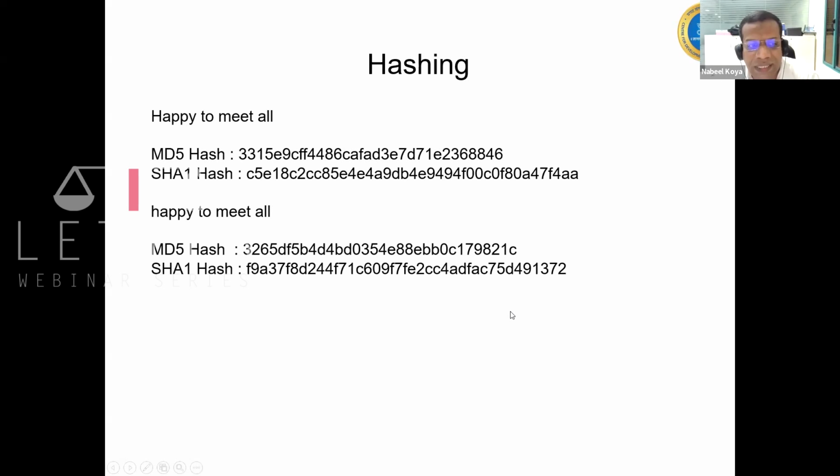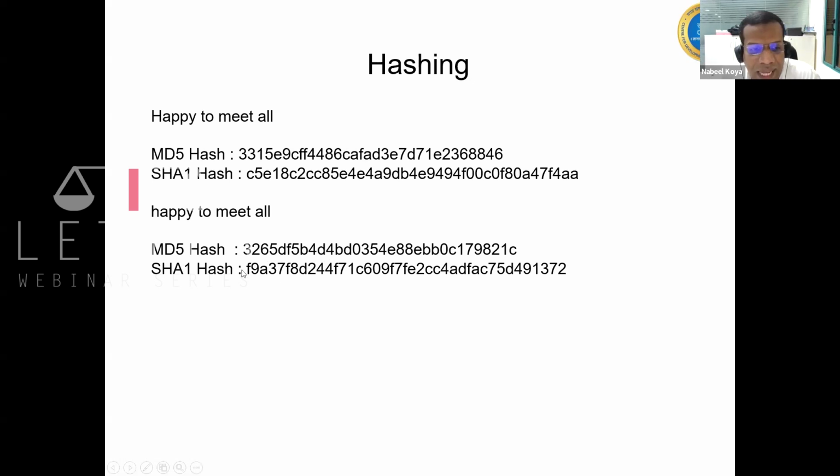So we'll just see what hashing is. Hope you can see: "Happy to meet all." I have calculated the two hashes, MD5 and SHA-1, and some values have been obtained. Now, the second statement is the same semantically, "Happy to meet all," but the capital H has been changed to a small h.